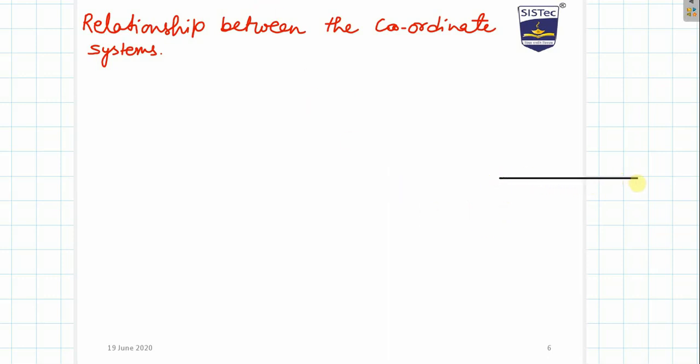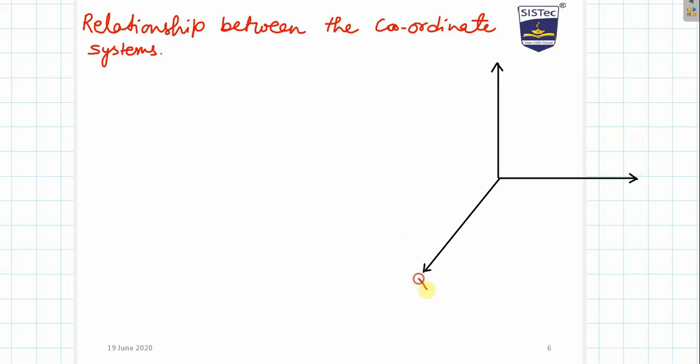So let's say one of these axes is your x-axis, and this one is the z-axis. So these are the three coordinate axes, and let us name them.